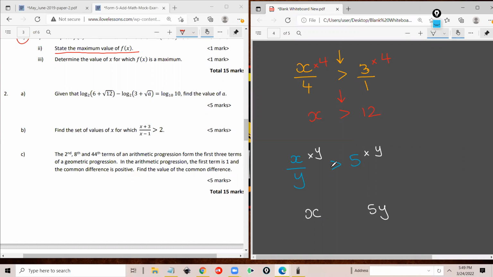I hear no and I hear yes. The answer is no one knows. You don't know whether to switch it around. Remember, y is a variable, which means we don't know the value of y. y is just representing a number that we don't know as yet.